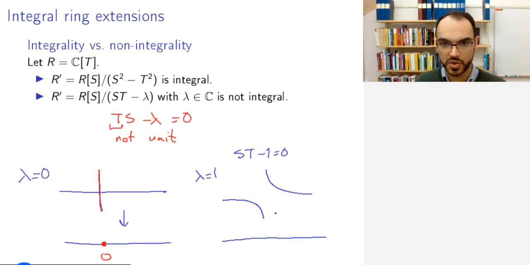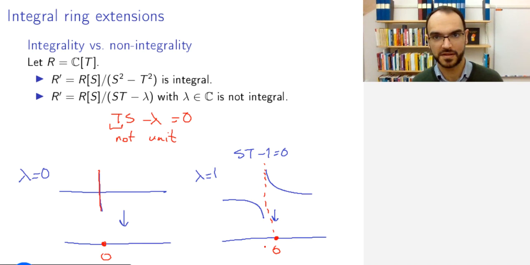And the projection onto the x-axis, so to speak, now leaves the point 0 without pre-image. So this irregularity of pre-images is what we seem to avoid, at least these examples suggest, when doing integral extensions. Those were 2 geometric examples.